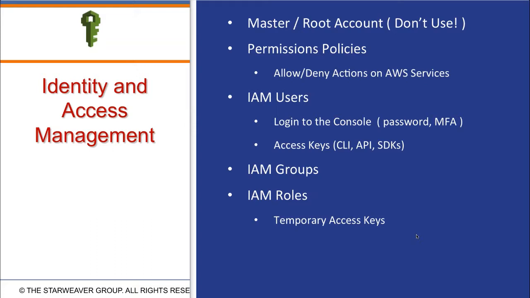Okay, so IAM users are one of the types of entities that you create in IAM, and they're basically mapped to people. It's never a good practice to create an IAM user and then let many people use it. For example, you don't want to create one called developer and then give all 50 developers the same username and password.